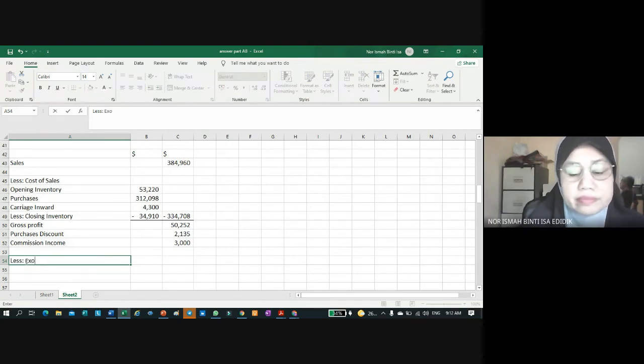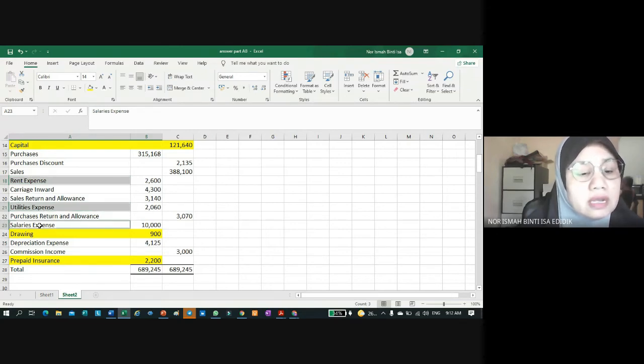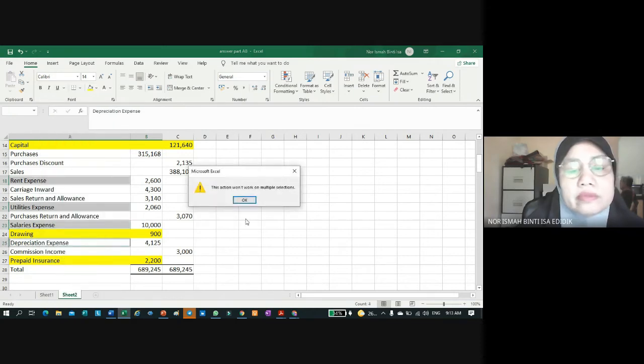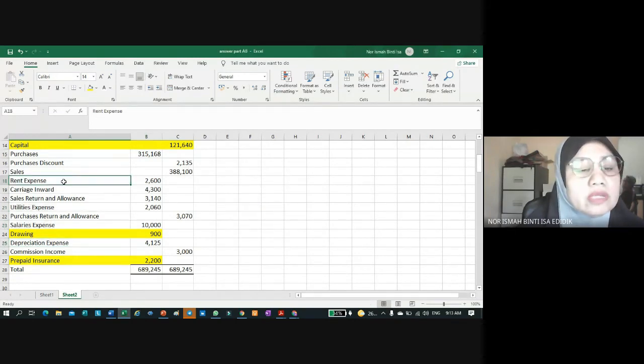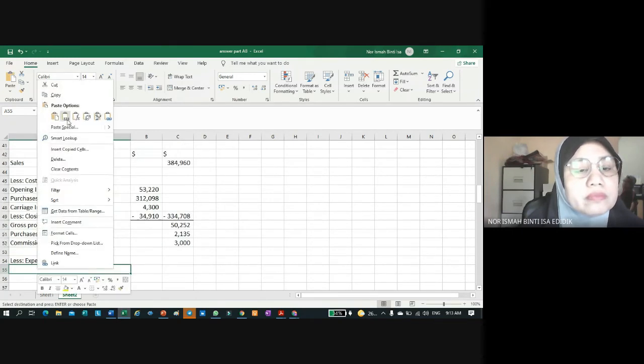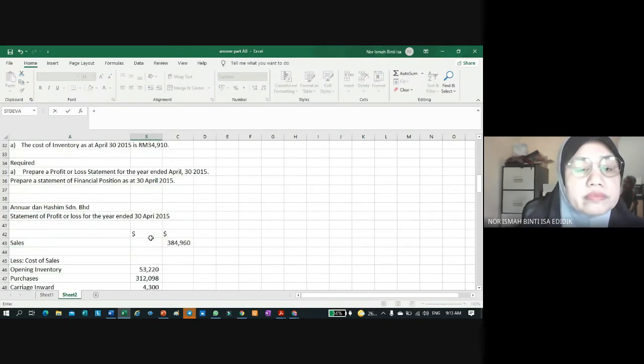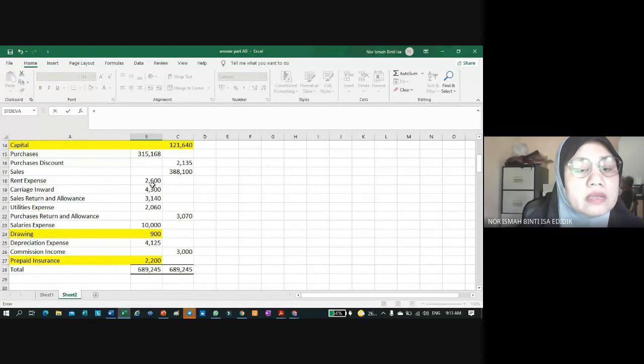Expenses. Apa expenses yang ada? Rent, utility expenses, salary expenses, depreciation expenses. Betul ya? Copy. Kena buat sesuatu. Copy rent. This one.